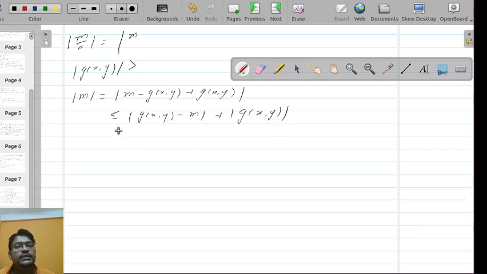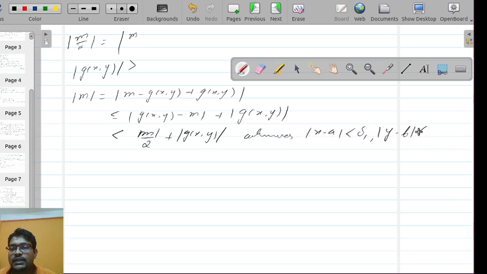So from here itself we can have something, right? This is strictly less than mod m by 2 plus mod of g of xy, whenever mod of x minus a is less than delta 1 and mod of y minus b is less than delta 1. So here we have got it now.